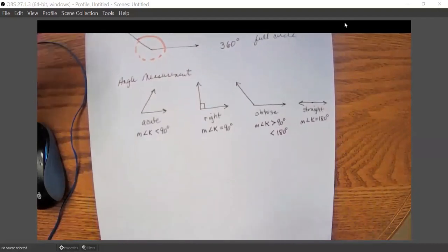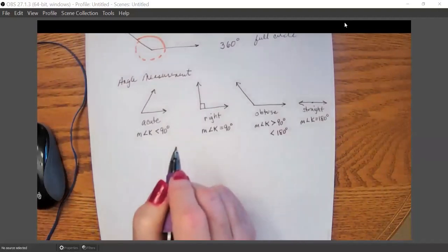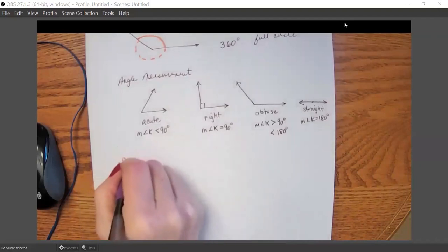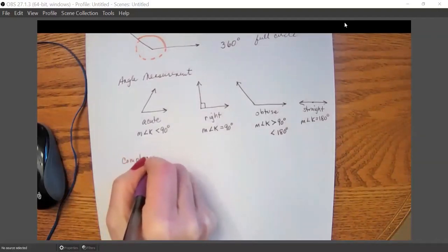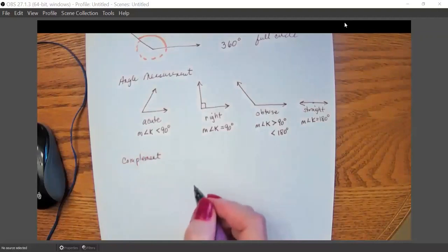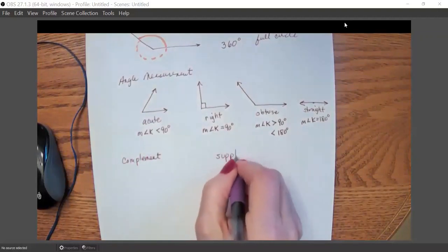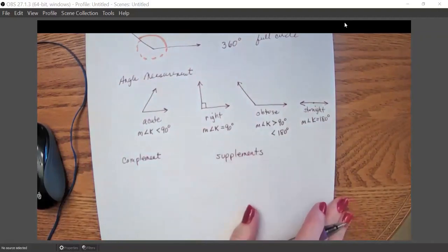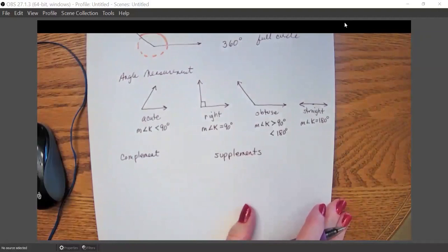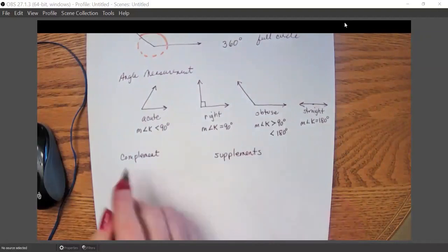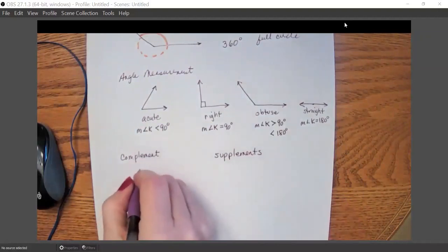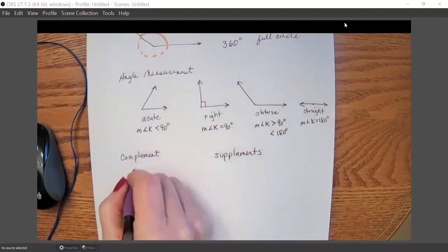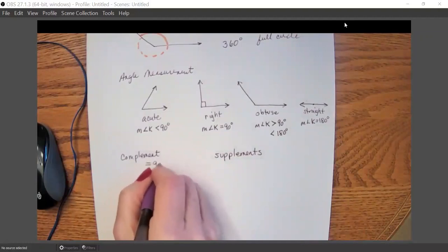Now, two trig terms associated with angles are complements and supplements. These words have other meanings in everyday vernacular, but in geometry and trigonometry, two angles that are complementary, or complements of each other, when added, will equal 90 degrees.